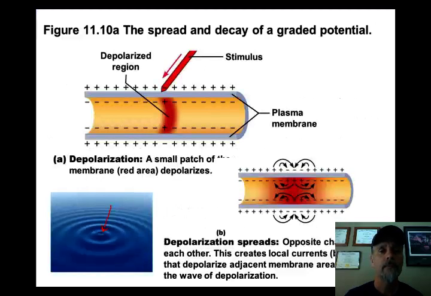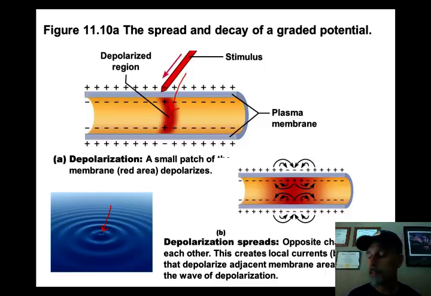So this shows a generic stimulation, right? At the point at which we stimulate the cell, we're going to get changes in permeability, like sodium channels opening. And if we change the permeability enough and the membrane potential changes, you might start to recruit some of those voltage gated channels as well.